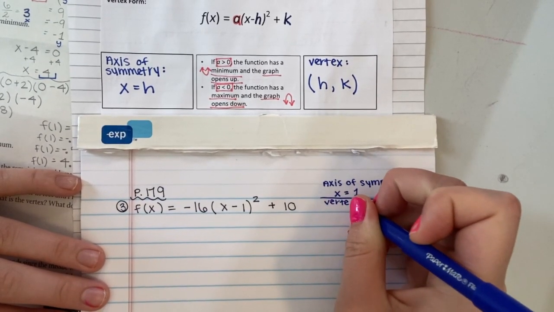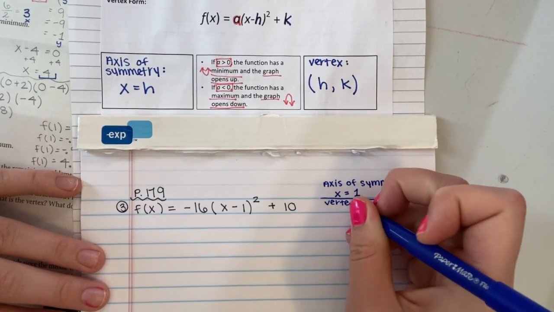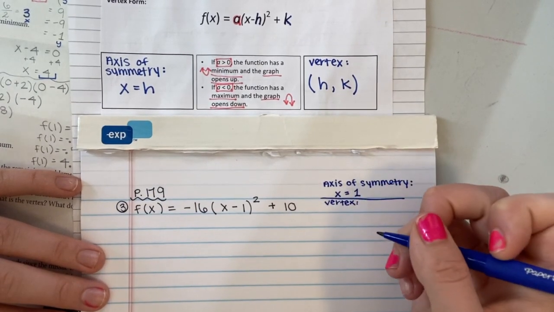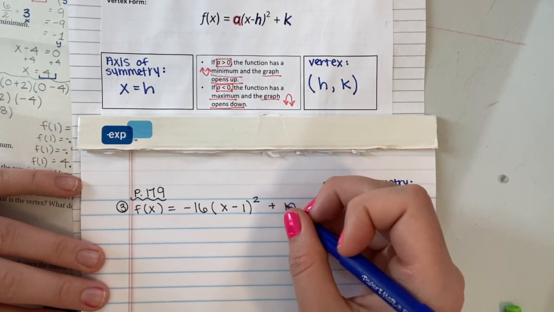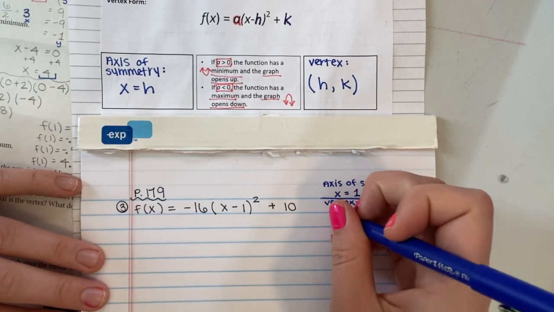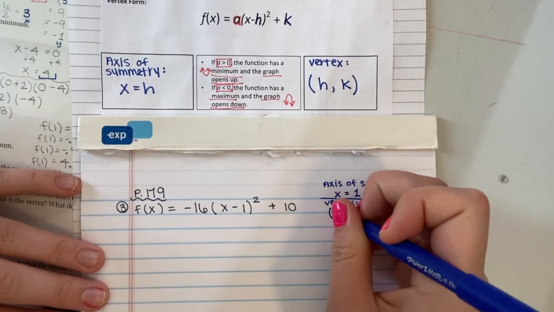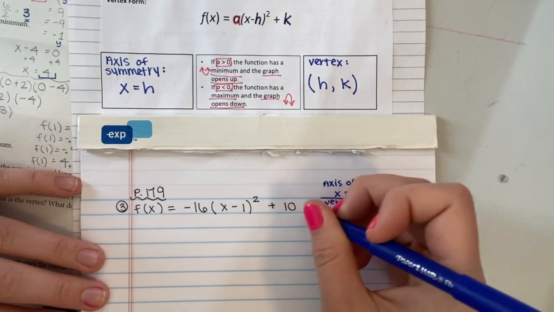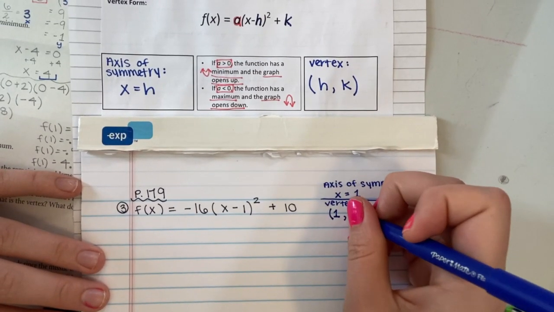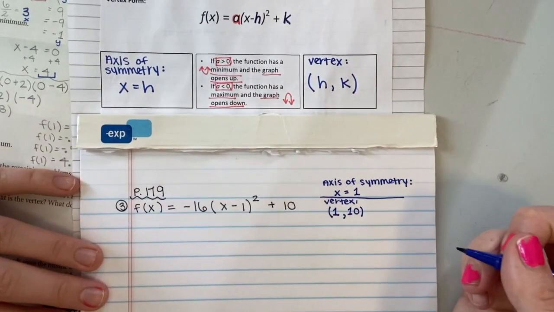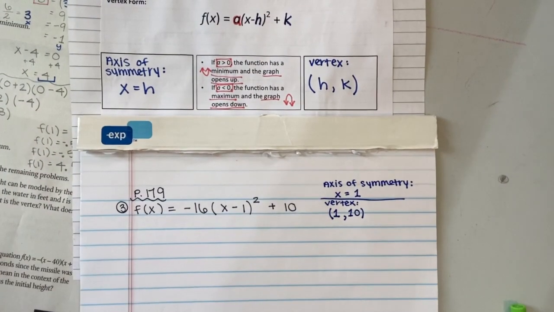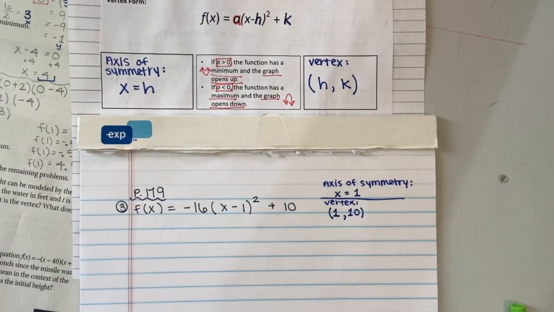And then my y value of my vertex is just whatever that constant is we're adding at the end. So my vertex is just (1, 10). So that's actually really easy if we're given it in vertex form.